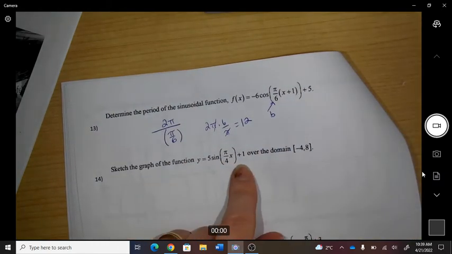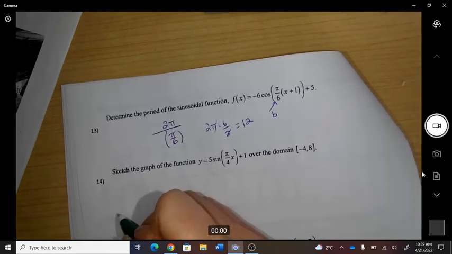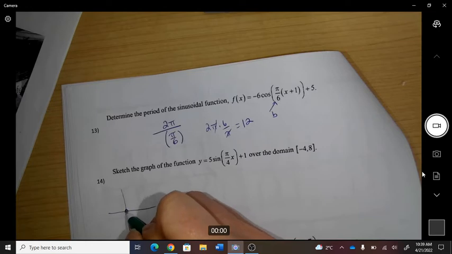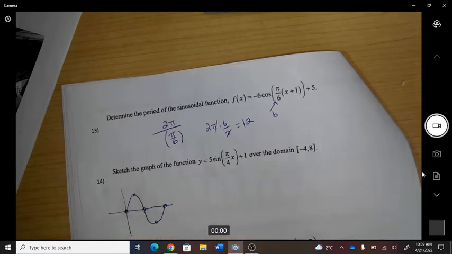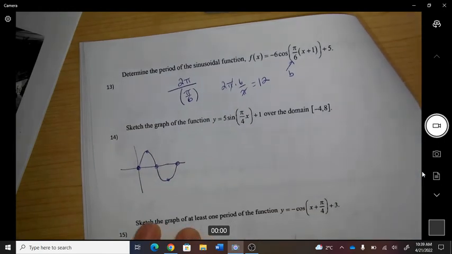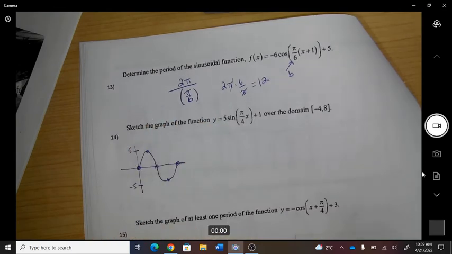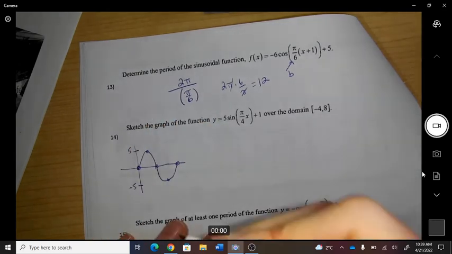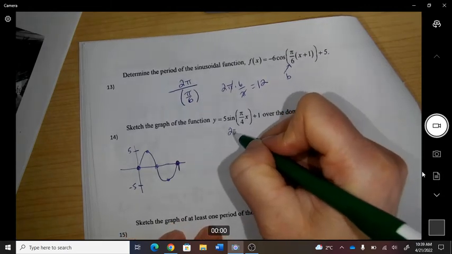To sketch the graph over this domain, I'm going to go sine curve. There's my basic sine curve, and I'm going to apply the 5 stretch. So there's the 5. And this point, normal x value is 2 pi.